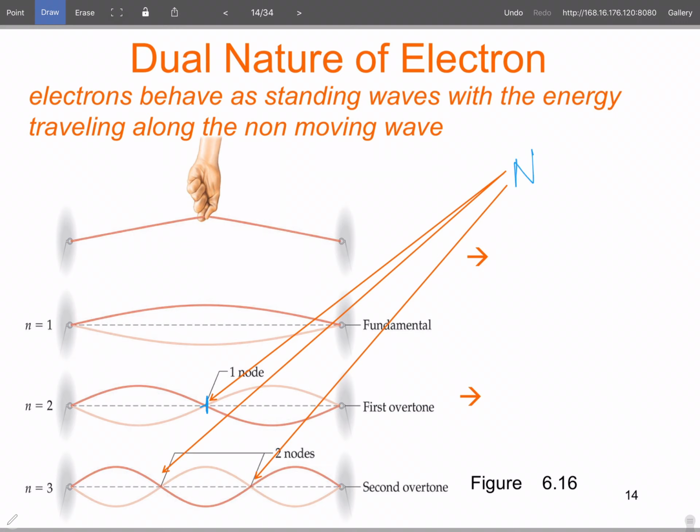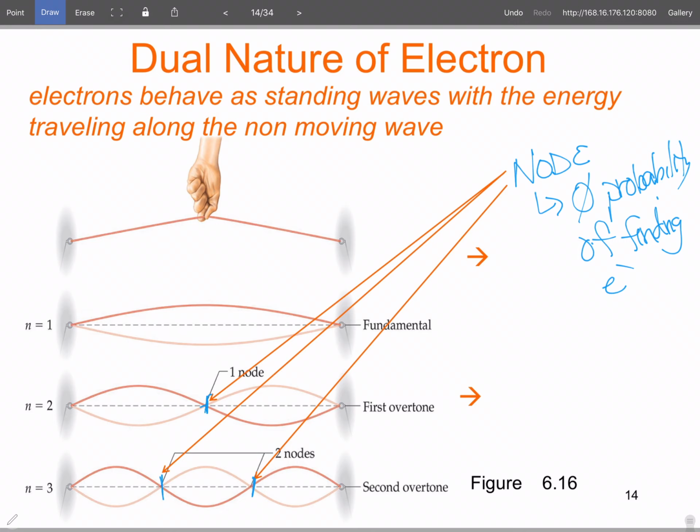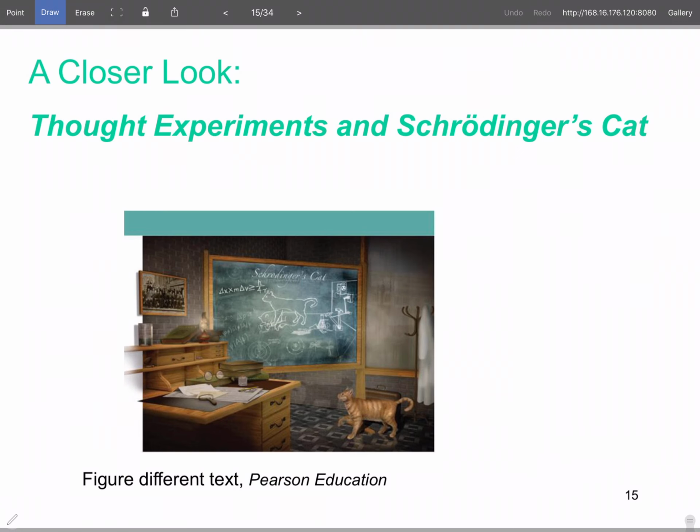Okay? So this is a node. Now, a node is a zero probability of finding an electron. So when you look at orbitals, anytime it crosses the plane, that will be a node. So when we start, there's no node in this first one, but as it crosses it again, rolls back and forth, you have a node. It does it again, you have 2 nodes. So when we look at electrons, we have to look at these areas.